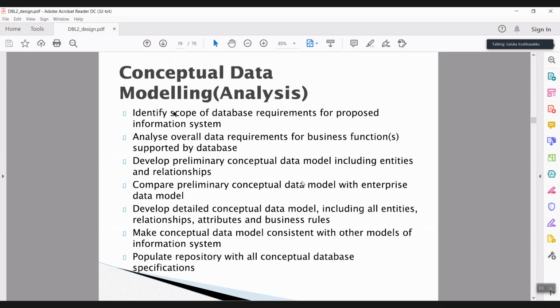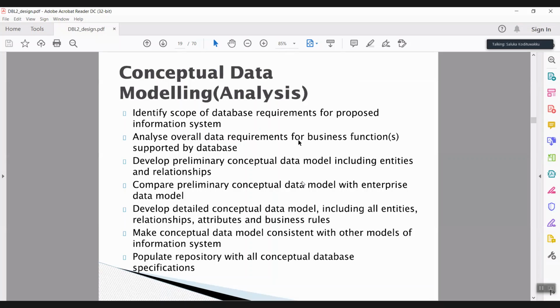For conceptual data modeling, as we already mentioned, we have to identify the scope of the database requirement, which is basically minimal, and then analyze the overall data requirements. That means which data is required to perform the expected business functions, and our database should facilitate those data requirements.